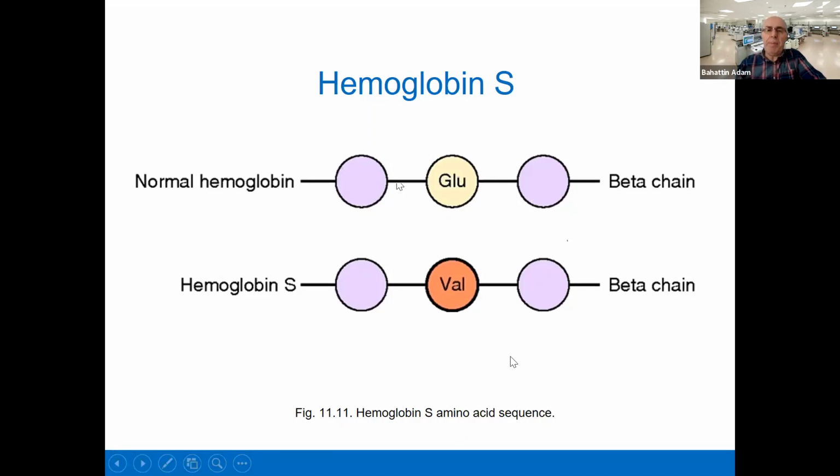The glutamic acid is replaced with valine. Glutamic acid is an acidic, charged amino acid, but valine is neutral, which affects the structure and the function of the hemoglobin. Hemoglobin S is not as effective as the normal hemoglobin.